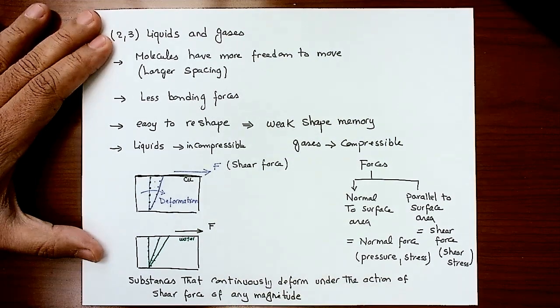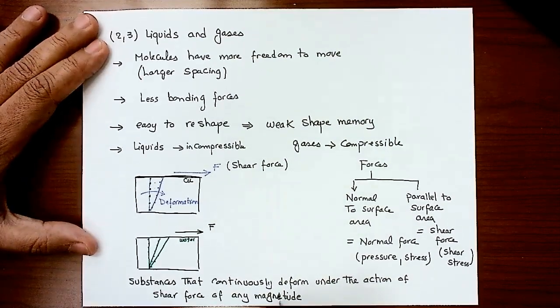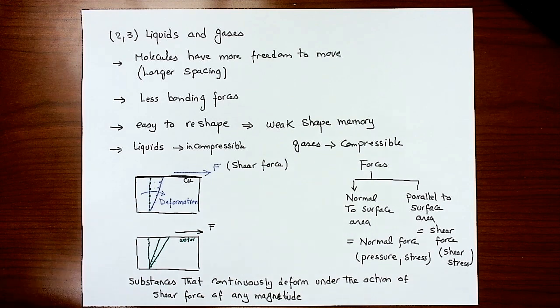I think I missed the spelling. Look, this one is magnitude. So this is the book definition of a fluid element. Substances that can continuously deform under the action of shear force of any magnitude.